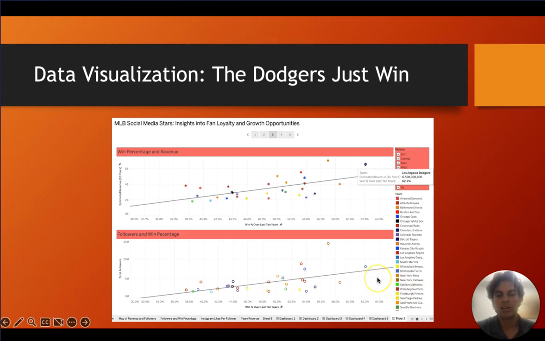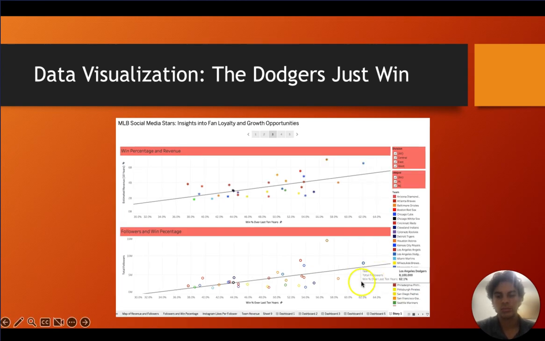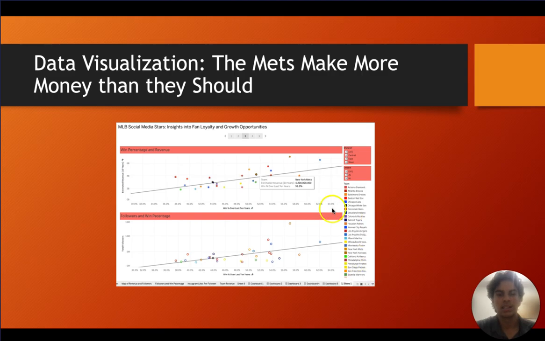And then on the bottom here, we'll also see that they're up there, the highest followers, third highest followers, highest win percentage. And then here I'd like to point out a key discrepancy in our graph.